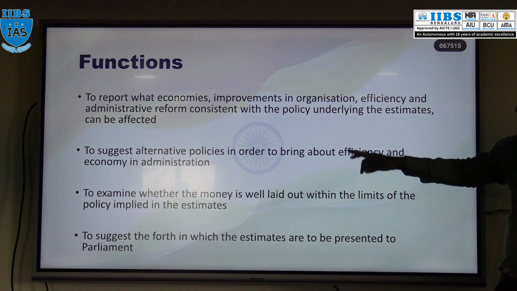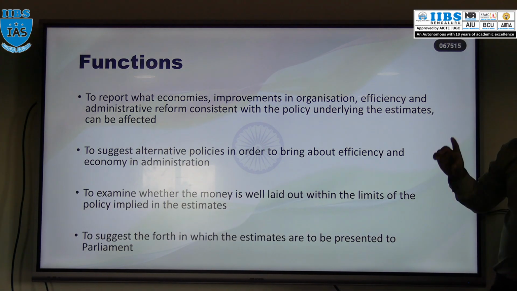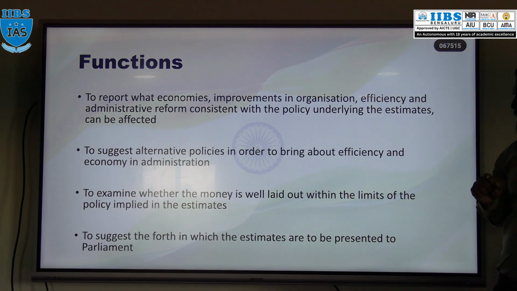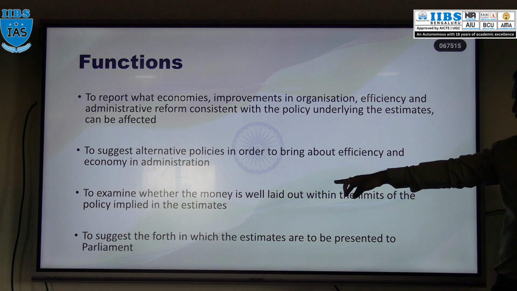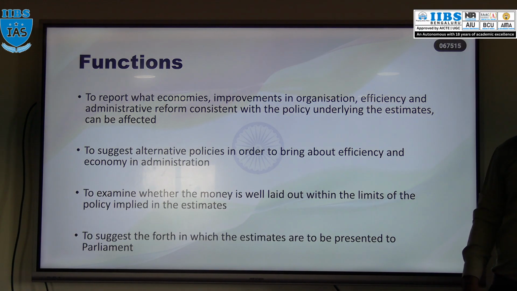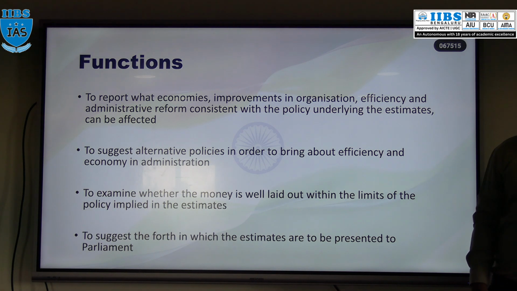So here, what will this committee do? This committee will examine the estimates given by the ministers, and suggest on the estimates which are presented to the Parliament in the form of the budget, so that it suggests how much amount is required.